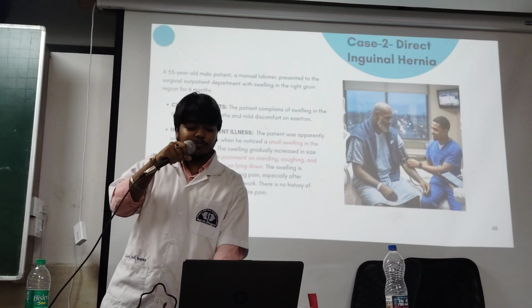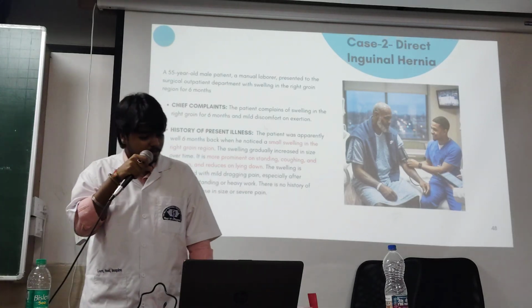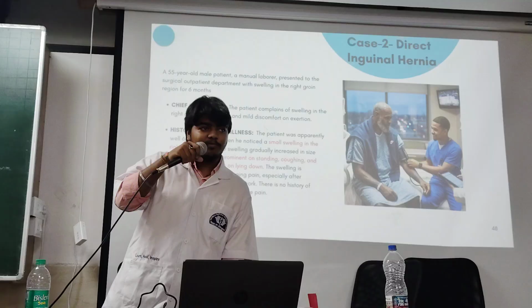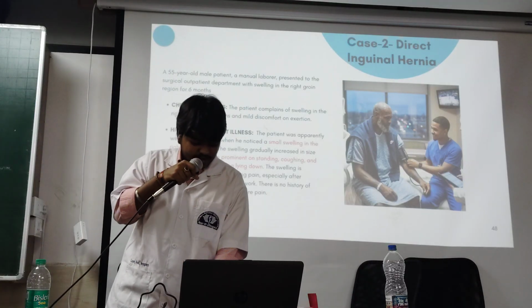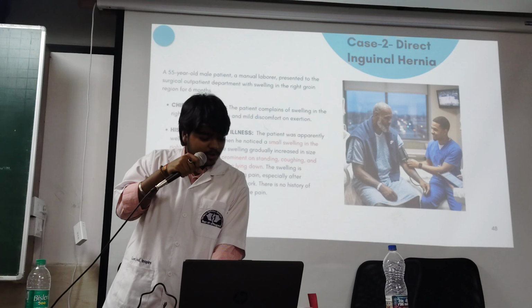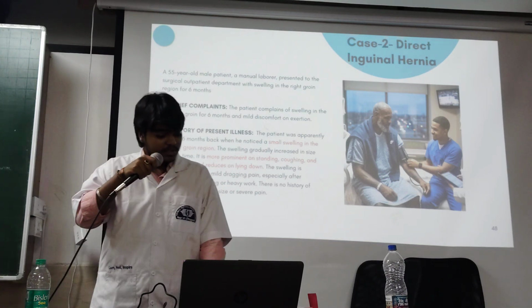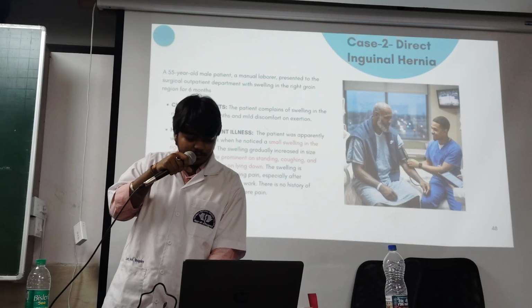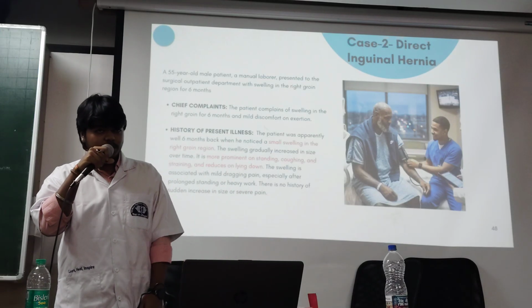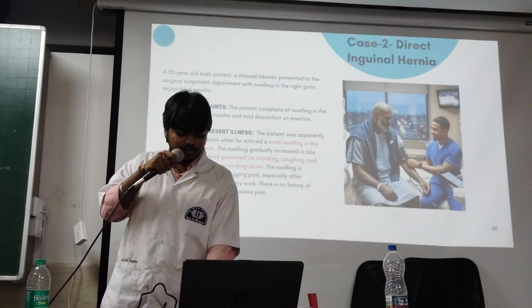The next case is of a 55-year-old male patient, a manual laborer. This itself helps us identify that it may be a direct inguinal hernia. The chief complaints were swelling in the right groin for 6 months and discomfort on exertion. The history of present illness included a small swelling in the right groin region, which became prominent on standing, coughing, and straining, and reduces on lying down.